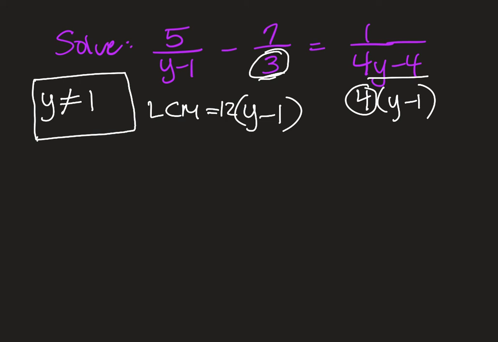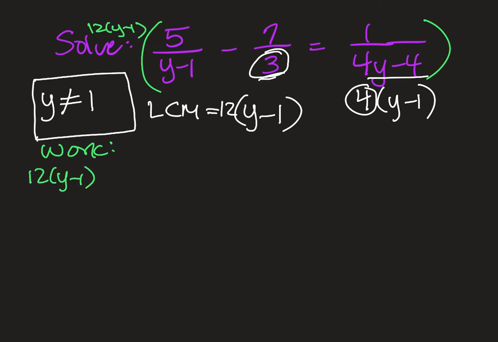So let me do the same thing I did in the last one. I'm going to come over here and show my work. So I have to multiply the entire equation by 12 times y minus 1. I'm not going to distribute that. It's much easier to cross cancel with it in factored form. So I have to do the 12 times y minus 1 times 5 over y minus 1.